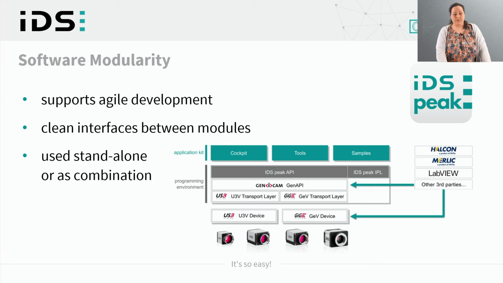For example, we have an IDS Peak API, and we have an IDS Peak IPL, which is the image processing library. This image processing library can be used standalone, so you don't necessarily need an application including all the other parts of the IDS Peak SDK.